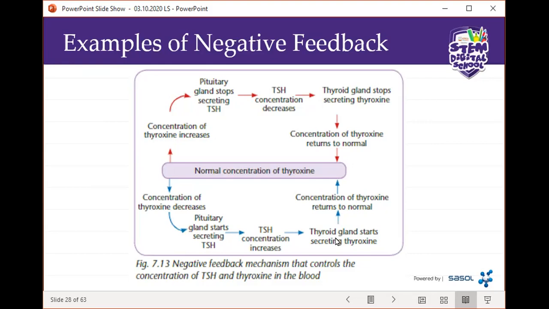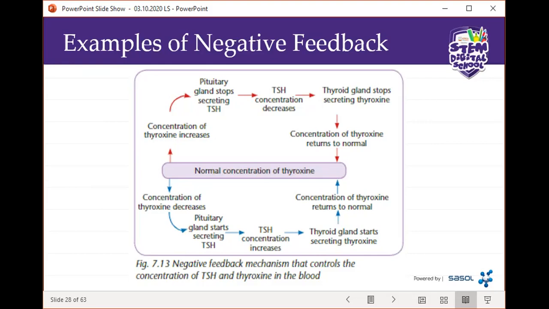Then it will stimulate the thyroid gland to start secreting thyroxine. Then the concentration of thyroxine would return to normal. Then balance is restored. Right, so that is an example of negative feedback with regards to the hormone thyroxine.